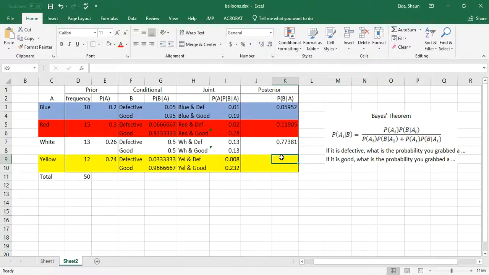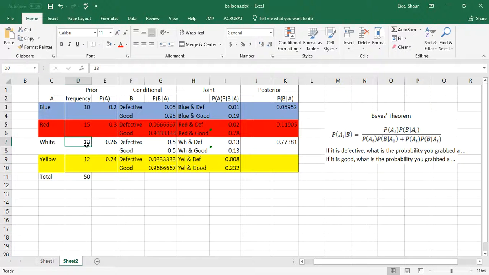So if I grab a defective balloon, the probability that it is white is 0.7738. And the reason why is because if you look at this, there's 13 balloons, and the probability that it is white is 0.5.